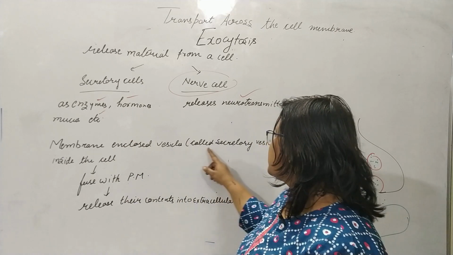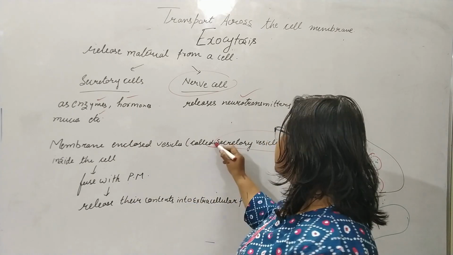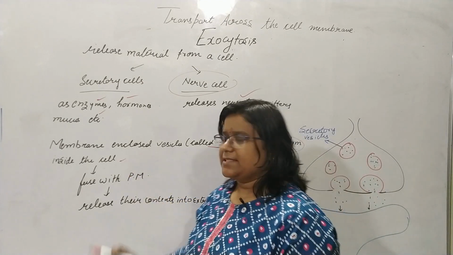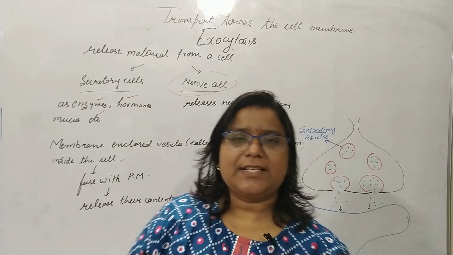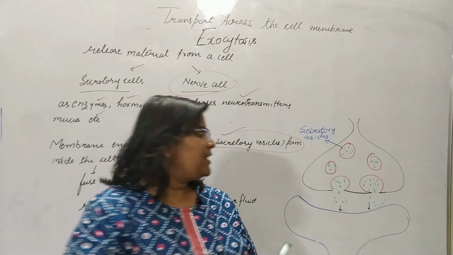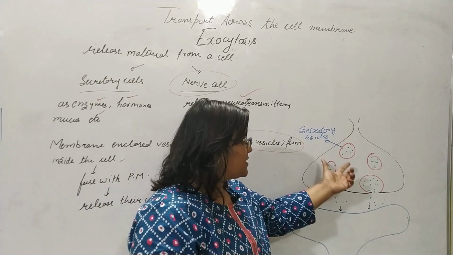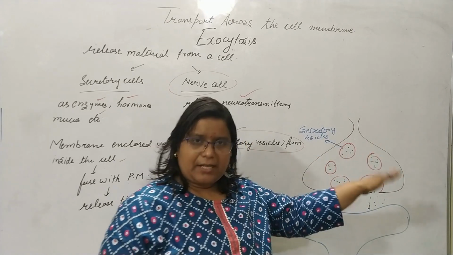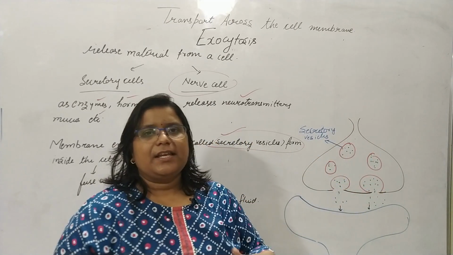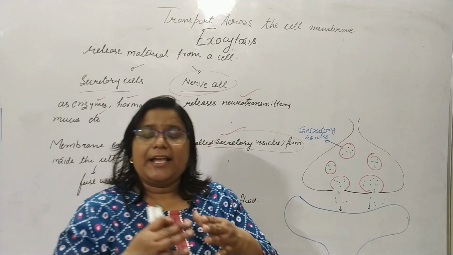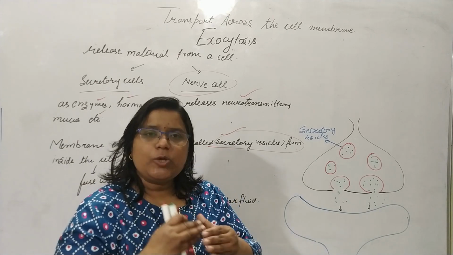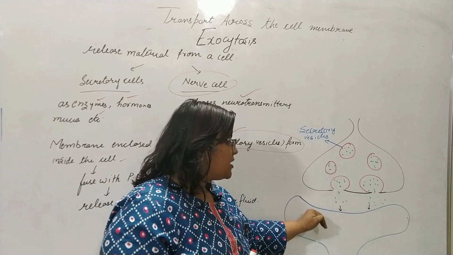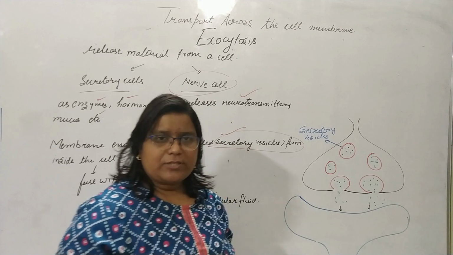Here the membrane enclosed vesicles are known as secretory vesicles, formed inside the cells. These secretory vesicles fuse with the membrane. Here I am showing one nerve cell. The nerve cell, or axon terminal, has neurotransmitters, and these neurotransmitters are released from one nerve cell to another cell with the help of exocytosis.